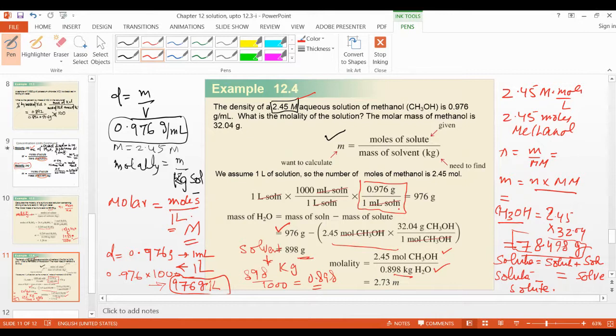You subtract the mass of the solute, you will get the mass of the solvent, and that mass of the solvent is changed into kilogram. You divide it by 1000, you will get kilograms. Then you calculate molality: moles of the solute divided by kilograms of the solvent. Clear now? Yes, teacher, clear, doctor.